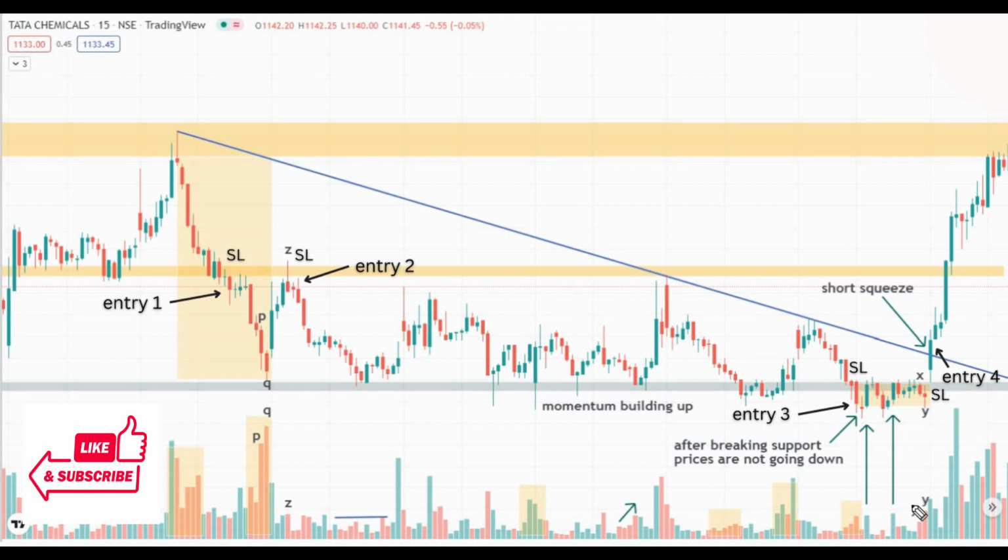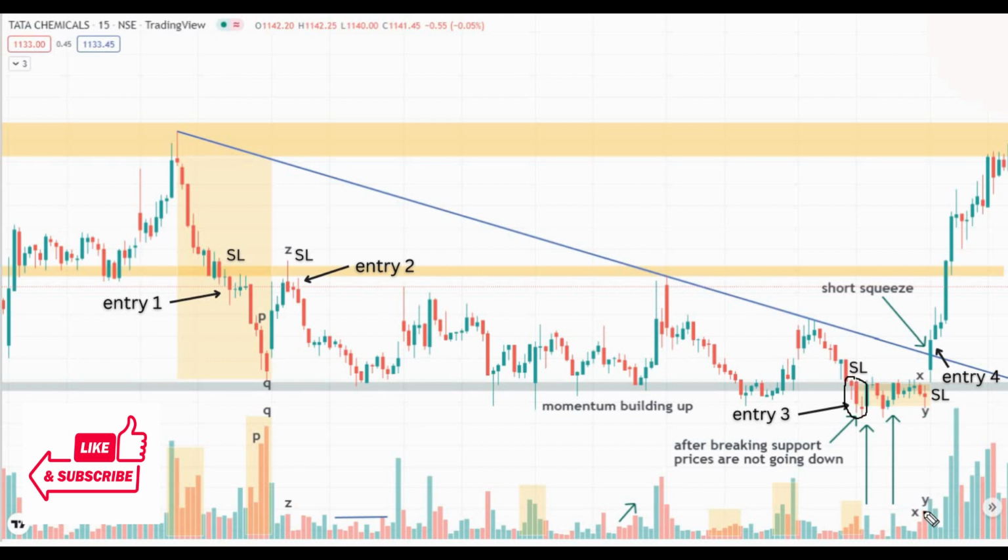And again here, there is a price and volume divergence, increase in volume, but prices continuously forming higher low formation. See, with this much volume, prices came down sharply.